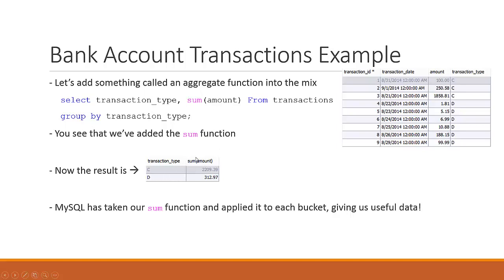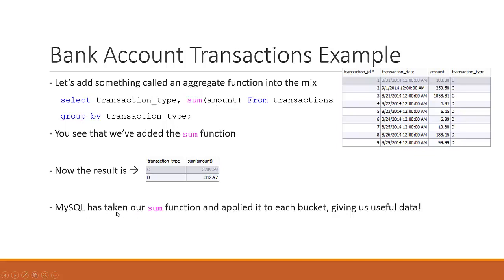We have another column, and now this data is much more helpful because we have the transaction type of C with the summed total of the amount field being 2,209.39 and the summed debit transactions at $312.97. MySQL can do this for us in the blink of an eye, which is wonderful.